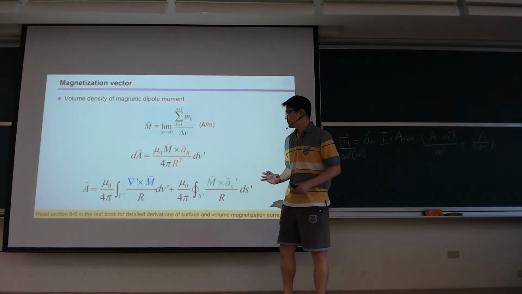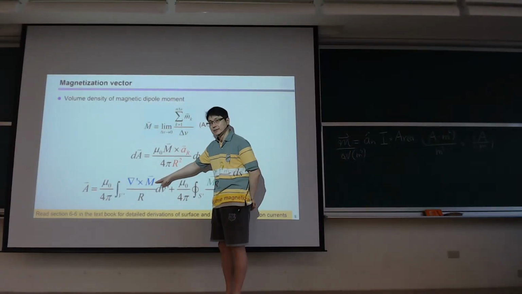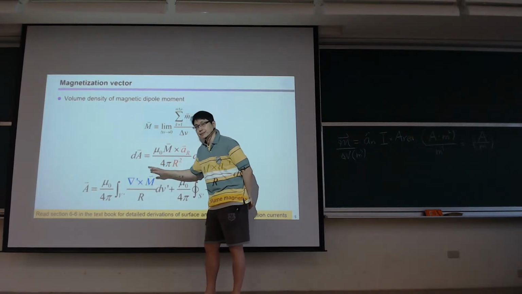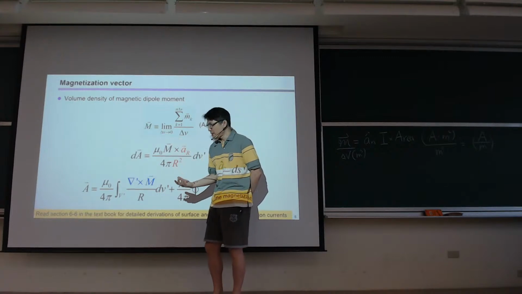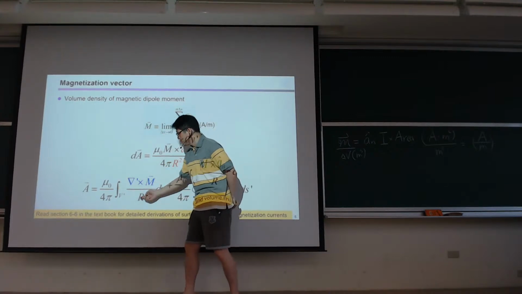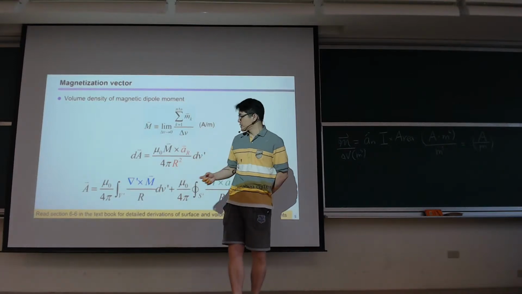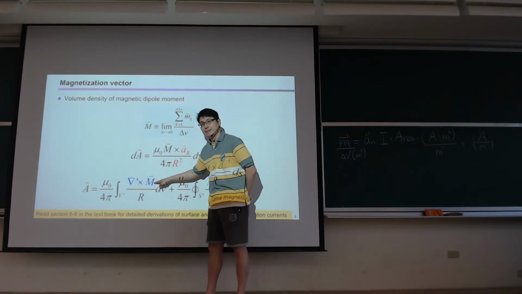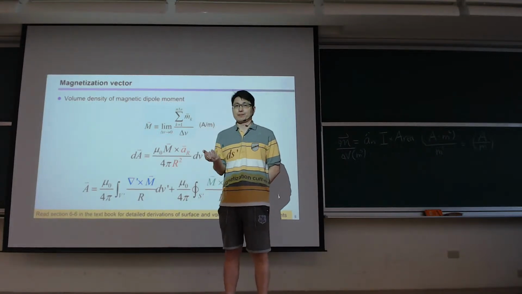So this means if you have a non-zero M, and it performs a curl operation, if it's still non-zero, then you have a contribution to the volume. So this term, curl of M, is basically called the volume magnetization current.